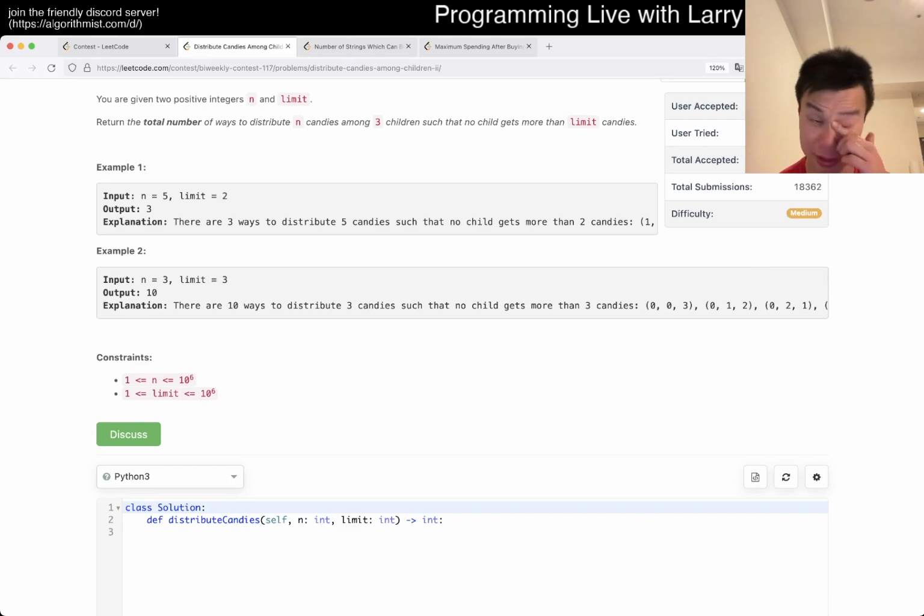So what is the limit? Limit is going to be limit choose 3. What does limit choose 3 mean? No, it's not limit choose 3, it's n choose 3, and then each of them can be at most limit.